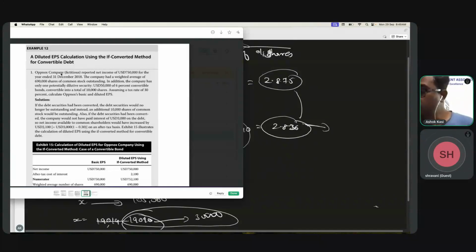Oponox company, fictitious, reported income of 750,000 for the year ended 31st December 2018. The company had a weighted average of 690,000 shares of common stock outstanding. In addition, the company has one potentially dilutive security, 50,000 of 6 percent convertible bonds, convertible into a total of 10,000 shares. Assuming a tax rate of 30%, calculate Oponox's basic and diluted EPS.